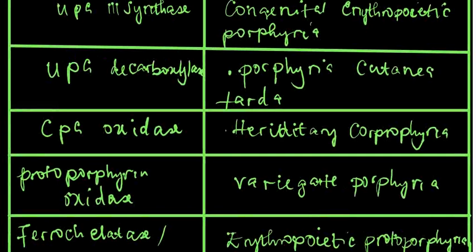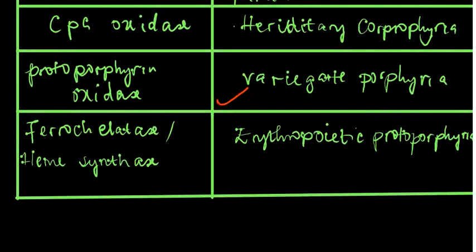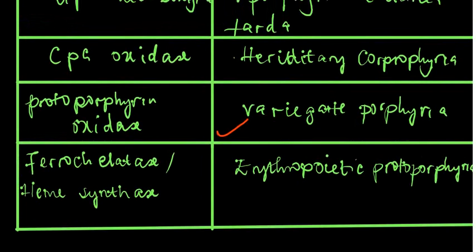The other one is protoporphyrinogen oxidase. When this enzyme is affected, what we have is variegate porphyria. And then this one is ferrochelatase. Remember, the last step of heme synthesis. Whenever we have that, we later on have what we call erythropoietic protoporphyria. That's the disorder that's formed.